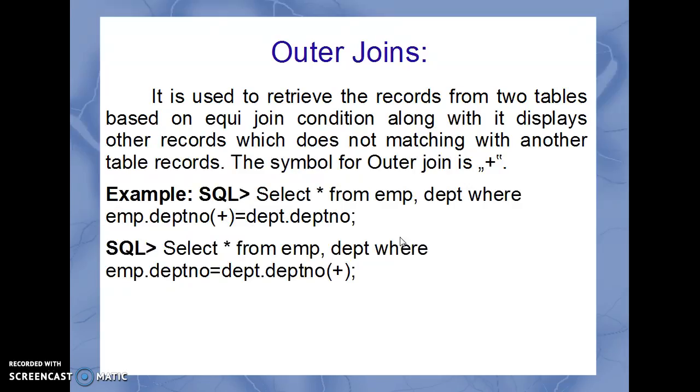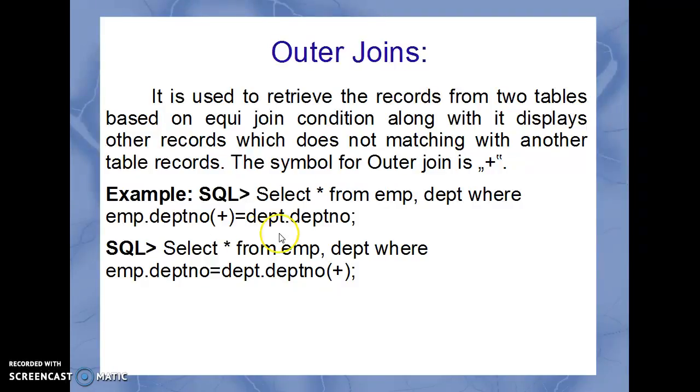Next, the outer join. An outer join retrieves the records of two tables based on the equijoin condition, along with the records that do not match in the other table. The symbol of the outer join is plus. Select star from emp, table 2, where emp.department number plus equals department number.